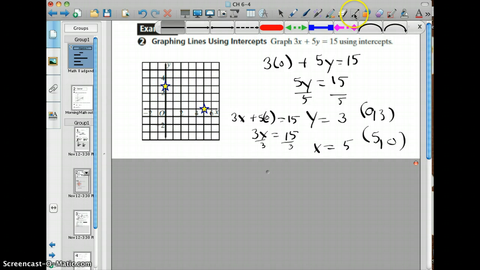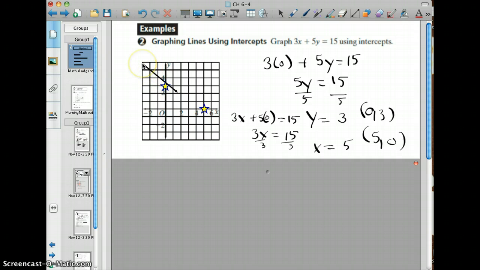And then I can connect them with a line, and that is the line graphed. It's as simple as that. You only need 2 points to plot a line.